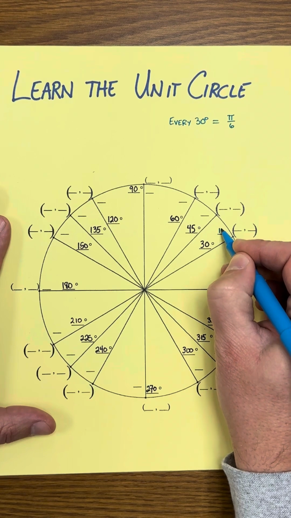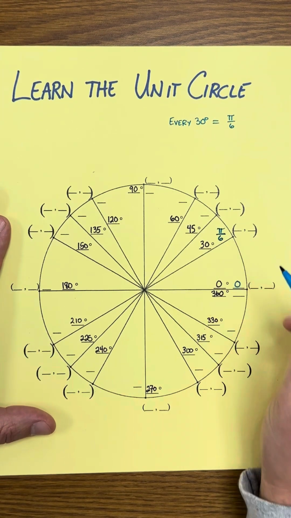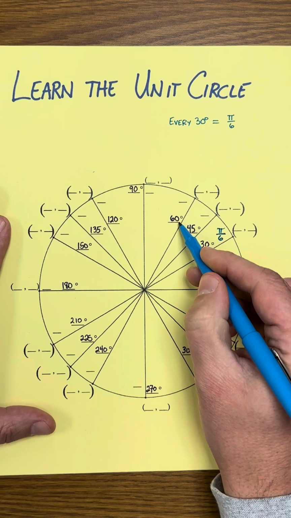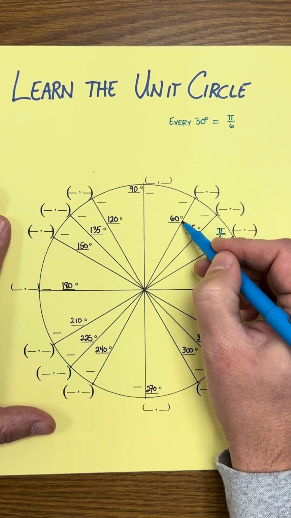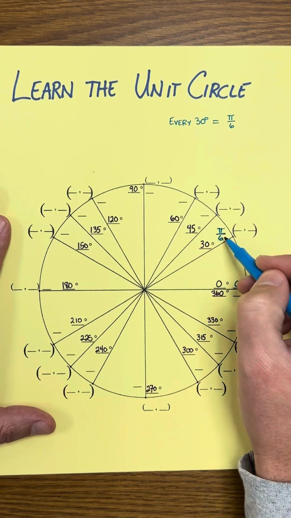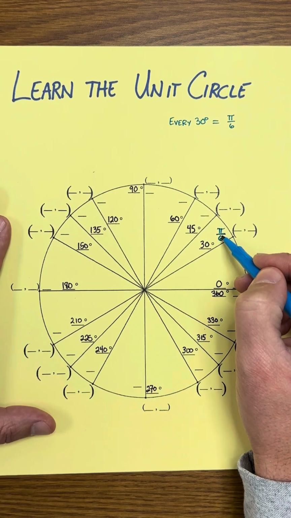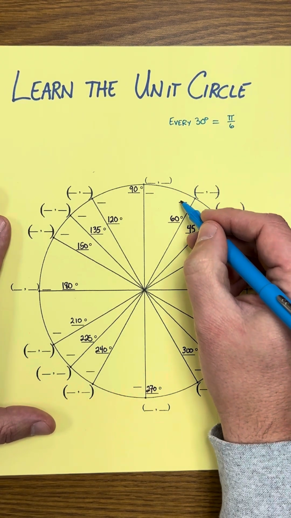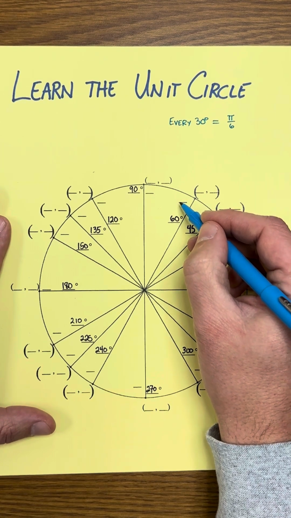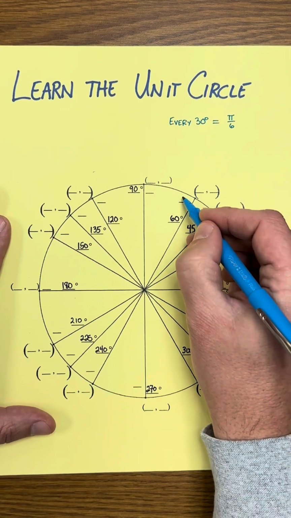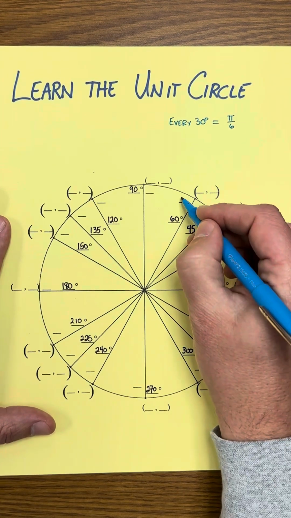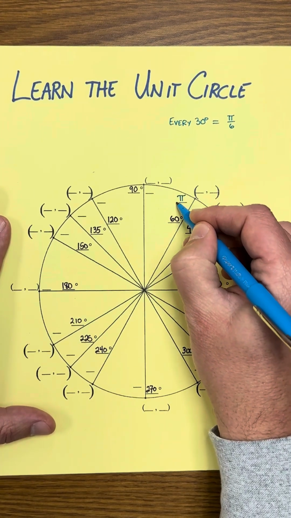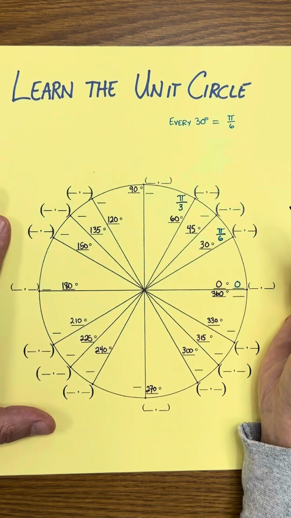Let's write it like this. Now, the next 30 degree line, so I'm going to skip over 45. The next 30 degree line, which is 60, is another pi over 6. So 1 pi over 6 plus 1 pi over 6 is 2 pi over 6. And you're going to have to do some reducing. 2 pi over 6 is the same as pi over 3.